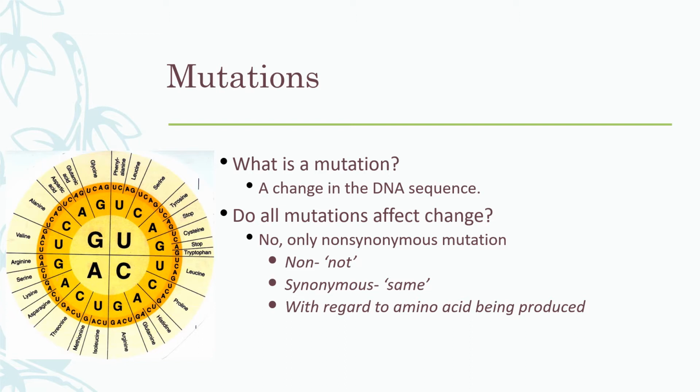So do all mutations affect change? No, only non-synonymous mutations do. Non meaning not, synonymous meaning same. So nonsense mutations and missense mutations are what cause noticeable mutations in an organism that may be acted on by natural selection and therefore cause a change in the population as a whole over time.